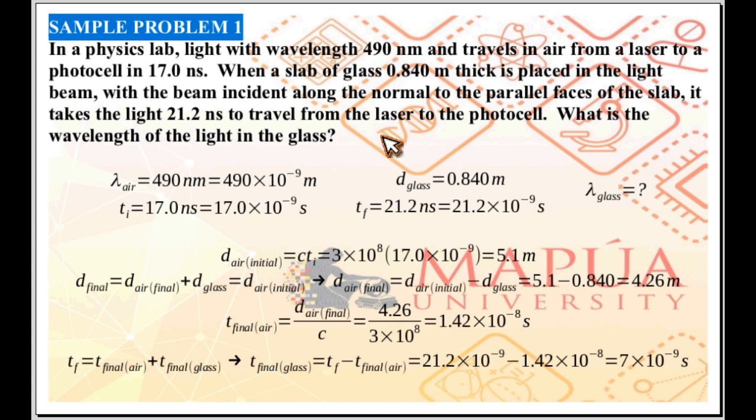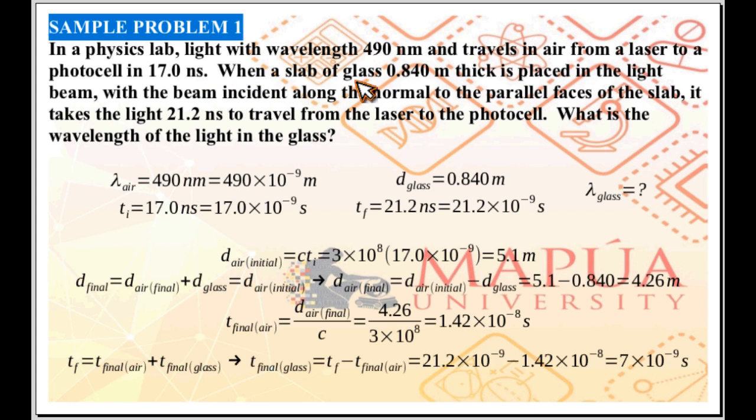Consider the following situation. In a physics lab, light with wavelength 490 nanometers travels in air from a laser to a photocell in 17 nanoseconds.